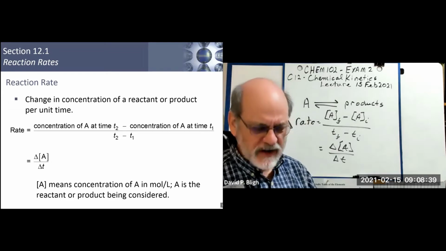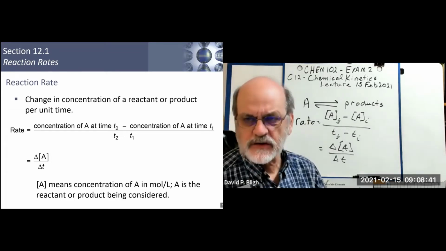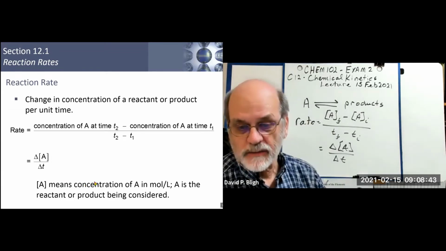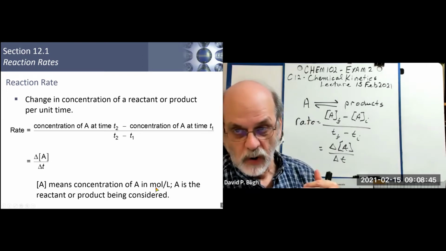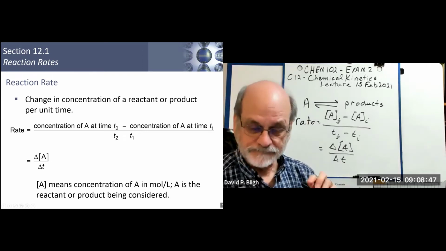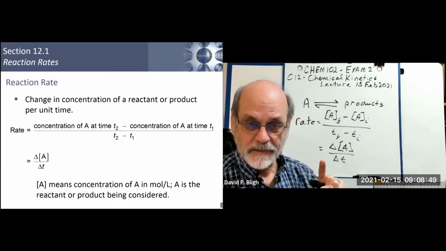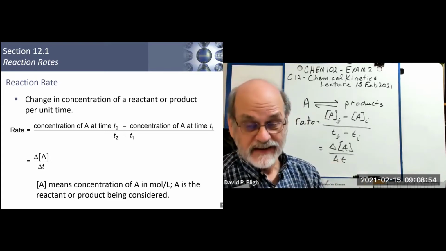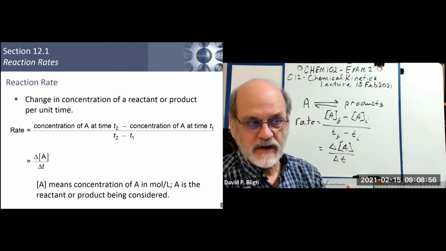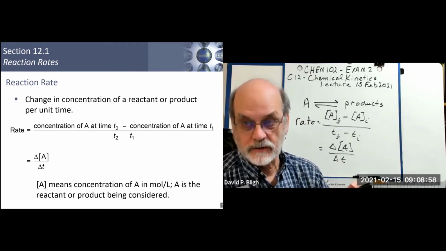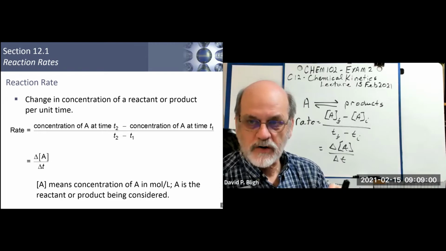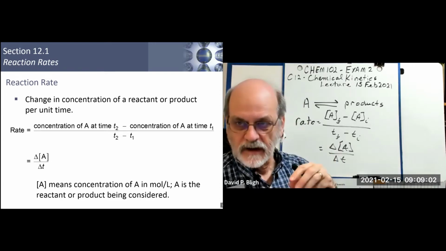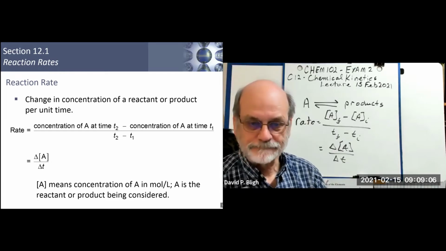We typically express concentrations in terms of moles per liter, or molarity. But if the reaction involves only gases, sometimes it's more convenient to express the concentration in terms of partial pressure. So the partial pressure of one gas under these conditions changes over time.